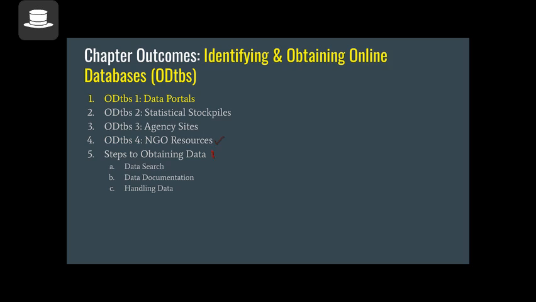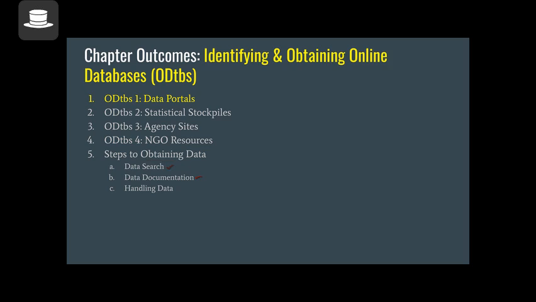Then we'll end this by talking briefly about the steps you need to take to obtain the data that you have identified. I divide that into three steps. One, searching the data itself. Two, once you obtain the data, also find the data documentation.